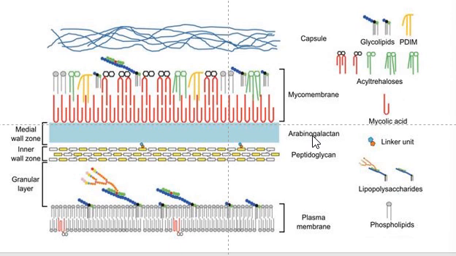Now this molecule acts as what's called a biochemical bridge. This one, the bluish structure, is in an important zone called the medial wall zone. Now this is actually located in this zone. So arabinogalactan plays a very important role and acts like a biochemical bridge.